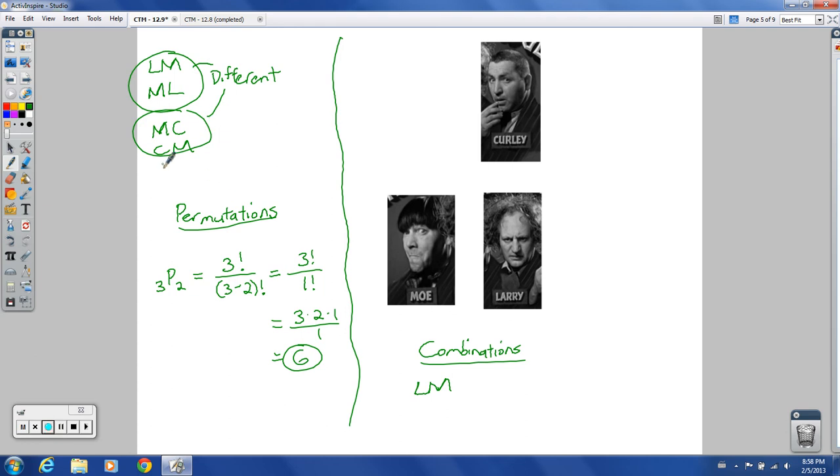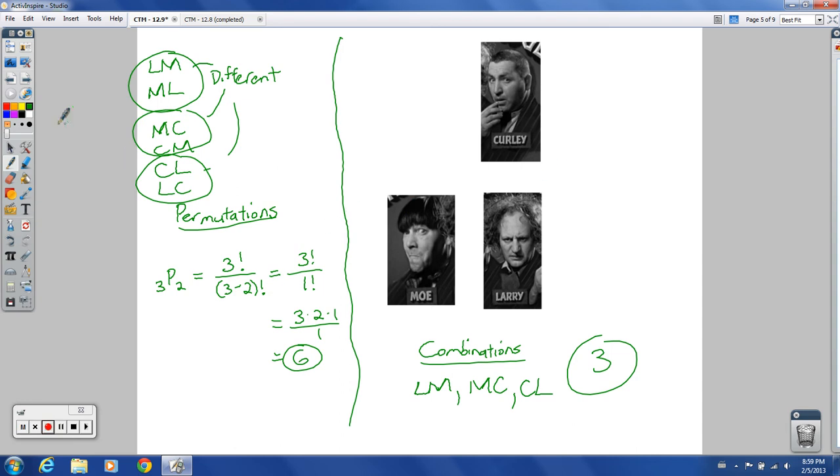What else do we have? Curly and Larry, or Larry and Curly. But with combinations, Larry Moe is the same as Moe Larry, Moe Curly is the same as Curly Moe, and Curly Larry is the same as Larry Curly. So with combinations, there are only 3. The formula is a little different and includes fewer things. In this case, combinations give us 3, and permutations give us 6.